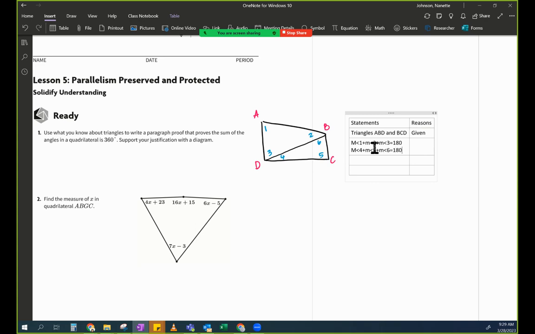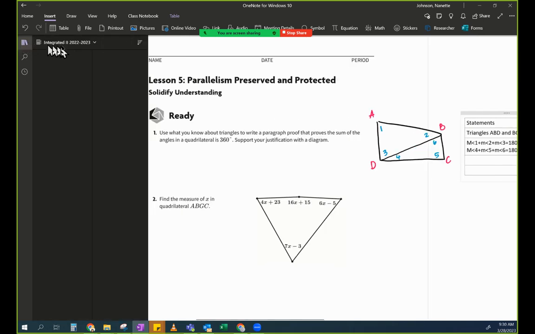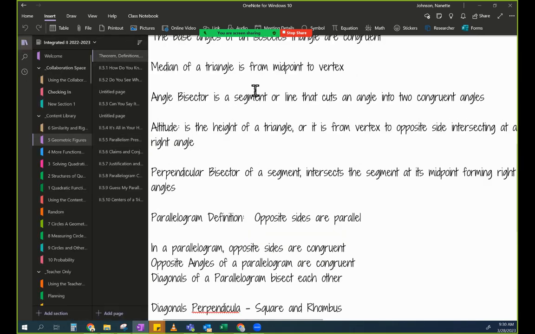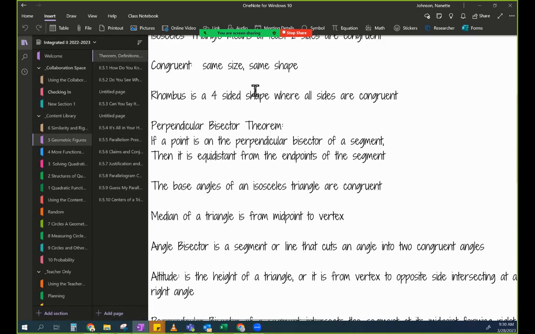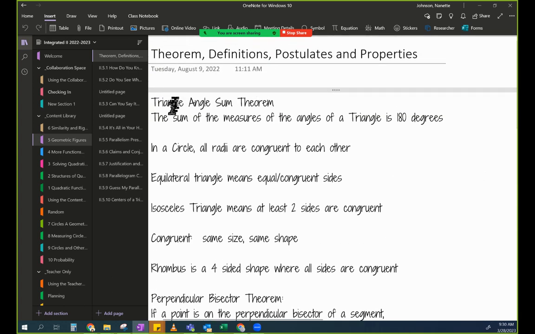So the reason why we can write that is because of that theorem that we said. I don't even think we named it, but it was one of the first ones. Let's see, triangle angle sum theorem: the sum of the measures of the angles of a triangle is 180 degrees. So you could either write this as your reason, or you can call it by the triangle angle sum theorem.